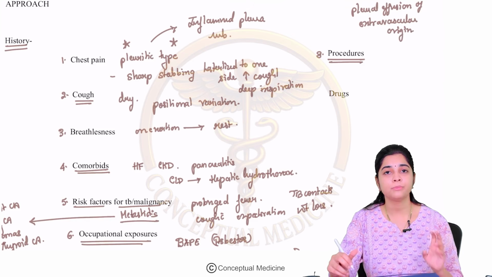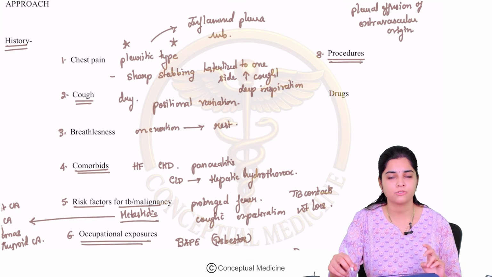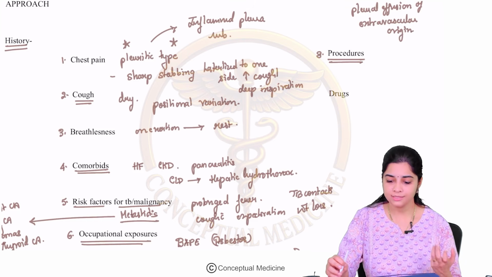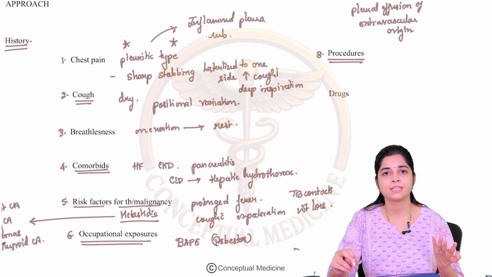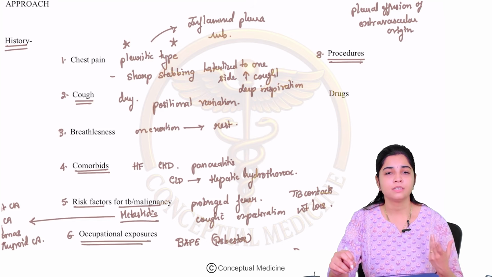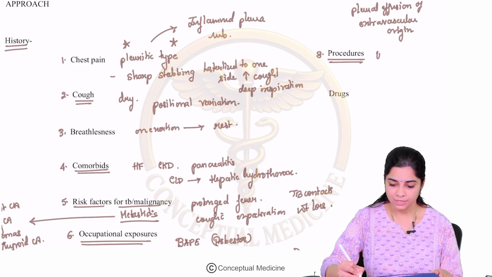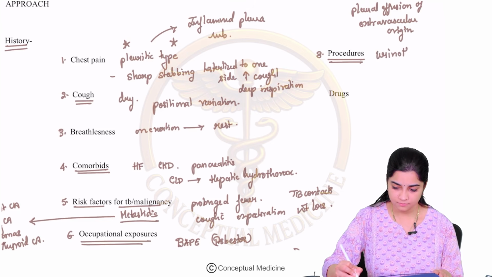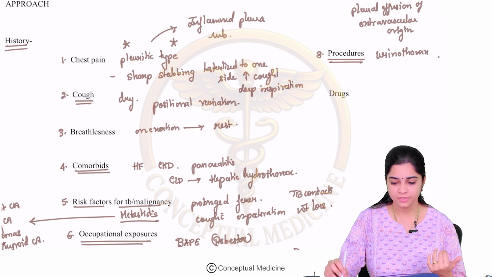Okay, it stands for pleural effusion of extravascular origin. So what do you mean by that? This basically refers to the effusions that arise due to certain procedures. For example, you have your urinothorax.